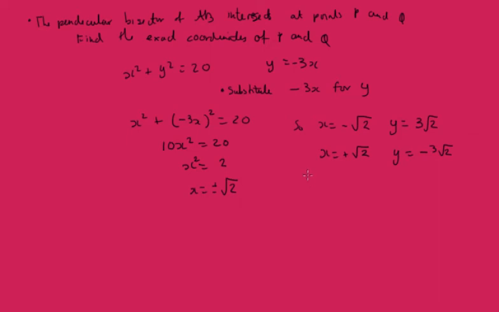So P and Q are (minus square root 2, 3 square root 2) and (square root of 2, minus 3 square root of 2). So let's look at one other problem.